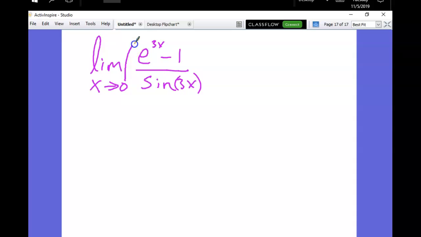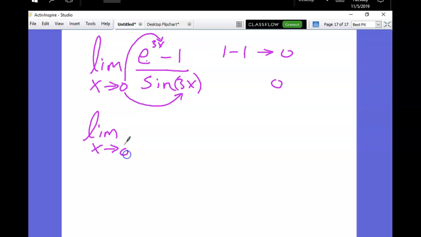So direct substitution gives me e to the 0 is 1 minus 1, which is 0. And we already know this one is 0. So we do our derivative. The derivative of this is 3e to the 3x. The derivative of 1 is gone.